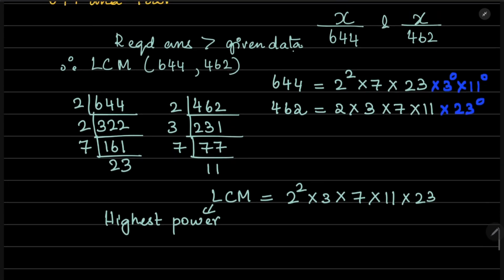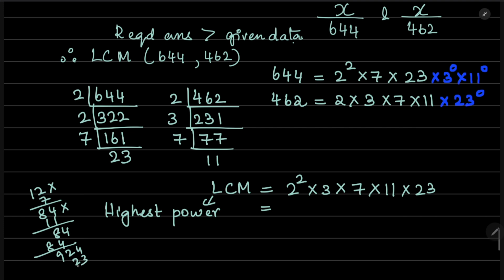Let's go ahead and solve it. So you have 4 into 3, 12, right? So 12 multiplied by 7, which is 84. 84 multiplied by 11, which is 924. And 924 multiplied by 23.